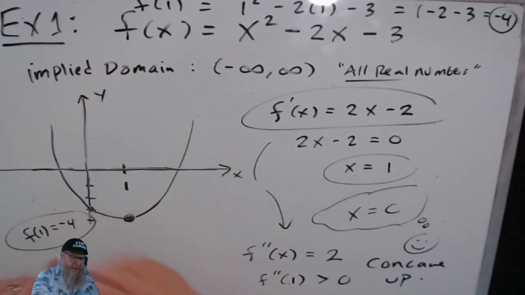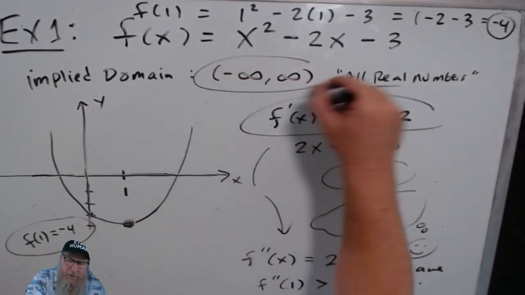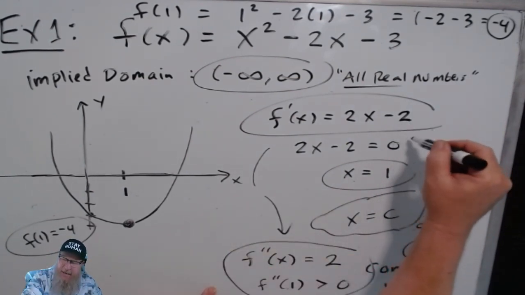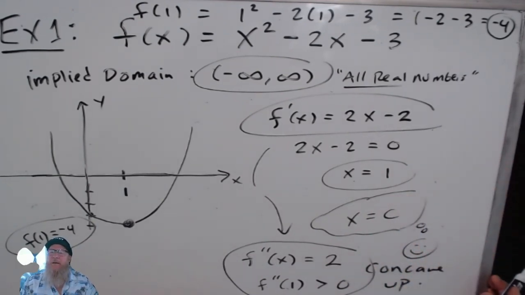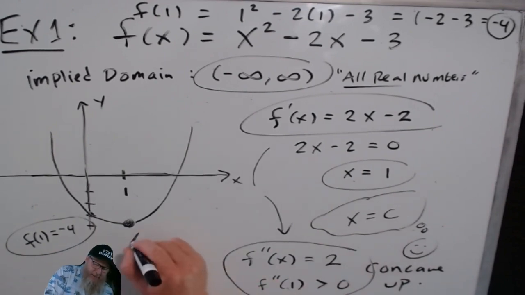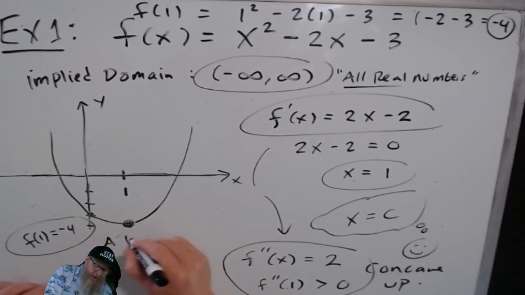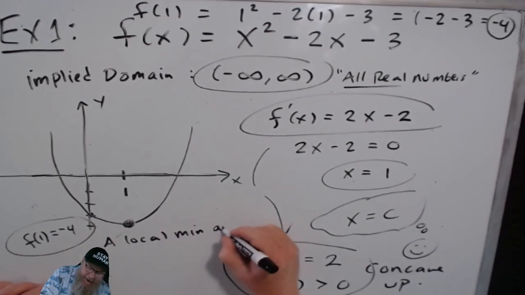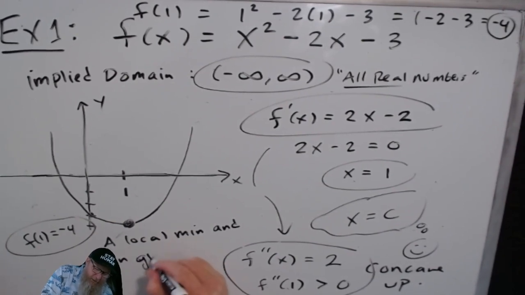So this is the lowest point in the entire world, but it also satisfies the definition of being a local extreme or a local minimum. So this point, negative 4, is a local minimum and an absolute minimum, or a global minimum.